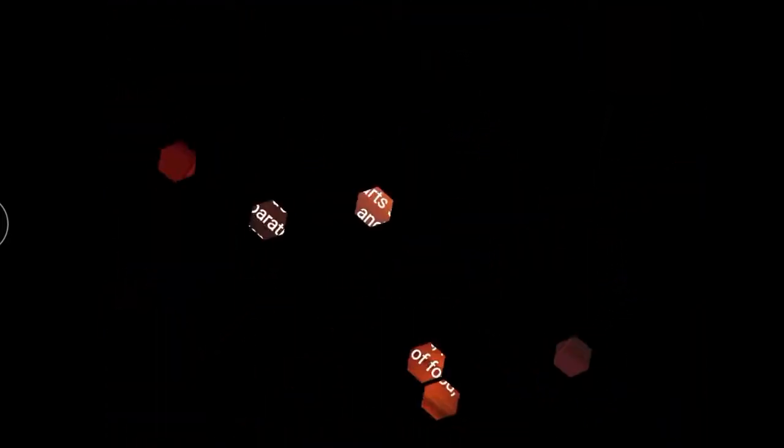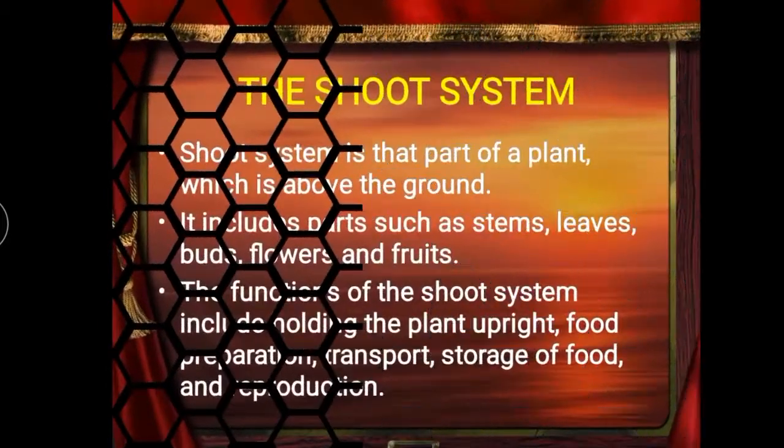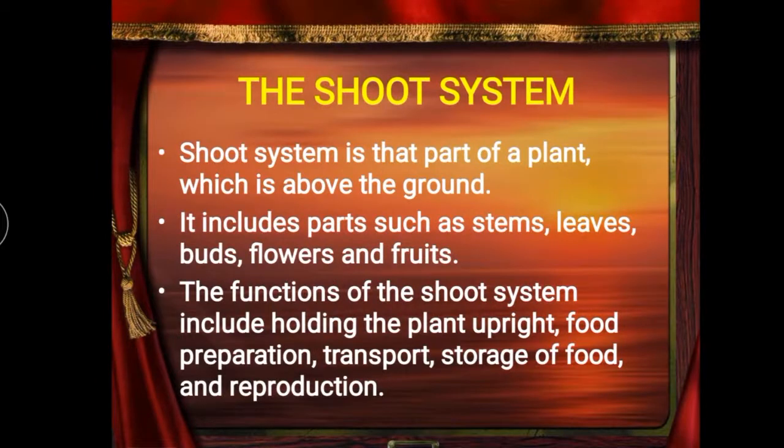Today we are going to learn the shoot system. First we learned about the root system, and today the shoot system. The shoot system is the part of a plant which is above the ground level. Root system means below the ground level and shoot system means above the ground level.